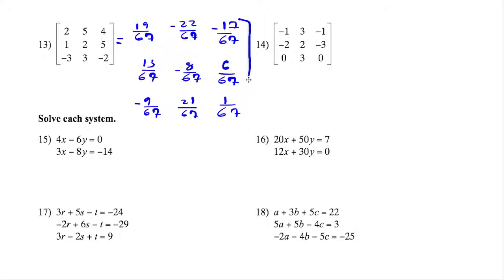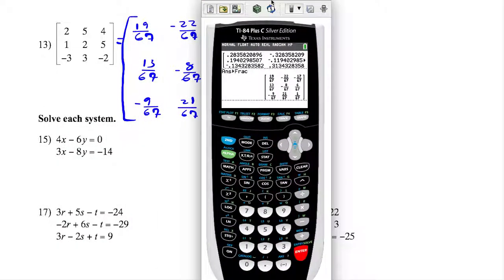So rather big with our fractions there. Okay, so that's exactly what I got from my calculator.